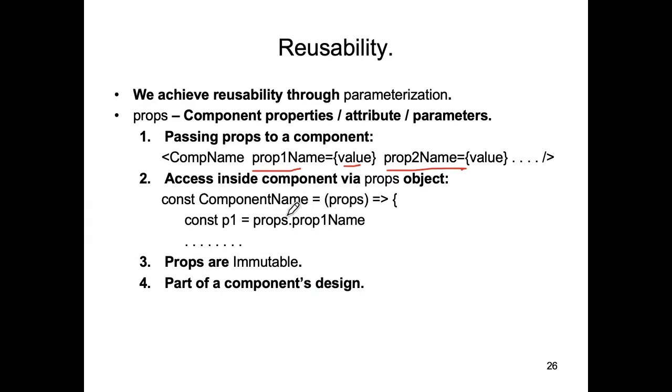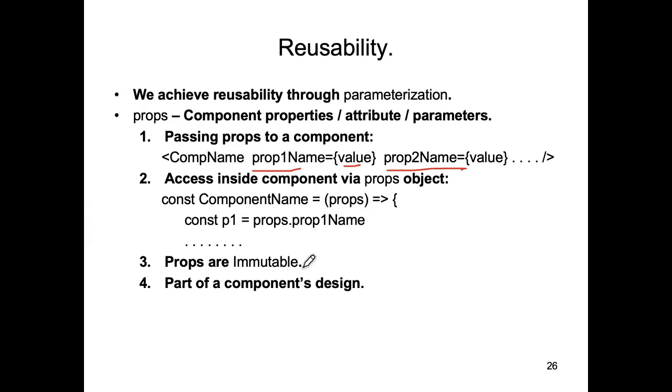So you might think that inside here I could use props dot prop1 name and assign a different value to it. And syntactically you can do that, but the runtime won't honor that assignment statement. It just won't allow you to change the key value pairs within your props object. Hence, we say it's immutable.